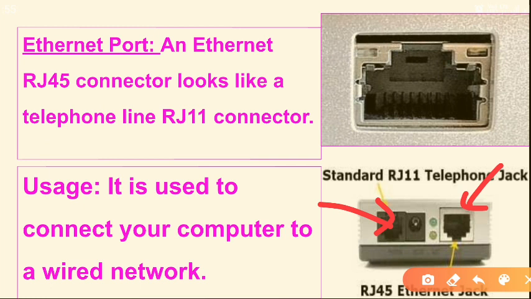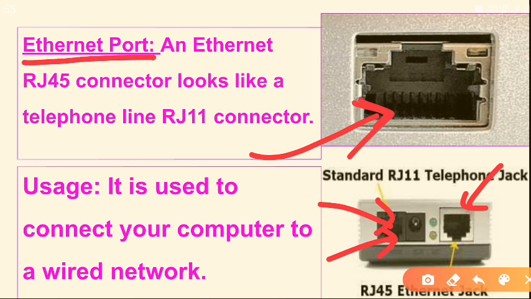The RJ11 connector is small. If you go to your telephone, you might see that the wire that is coming from the telephone pole is getting inserted into your telephone, into the RJ11 connector, which is very tiny, and the RJ45 connector is a bit bigger than the RJ11 connector. What is the usage of this Ethernet port?